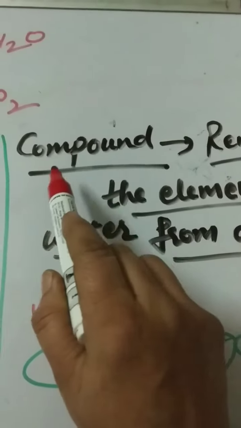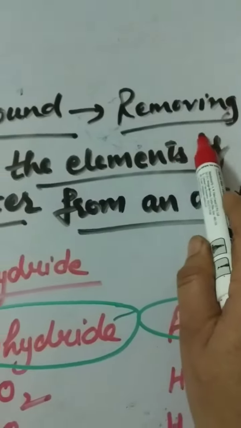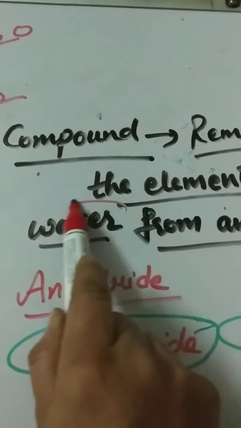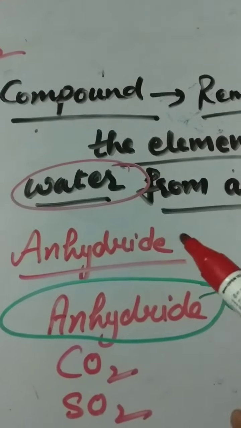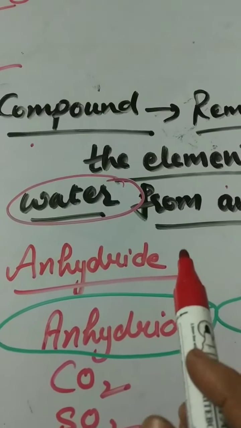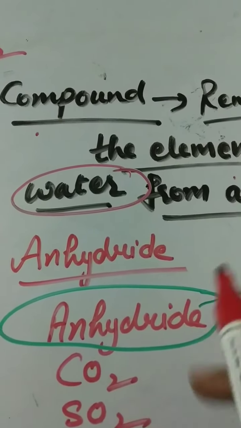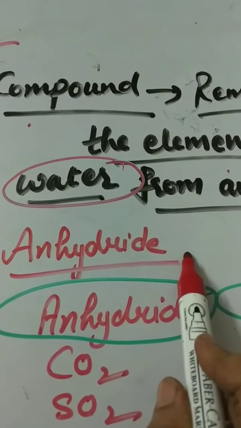A compound that is obtained by removing water from an acid is called an anhydride. It means the compound formed by removing water, that is a dry one, and we call that sort of compound an anhydride.